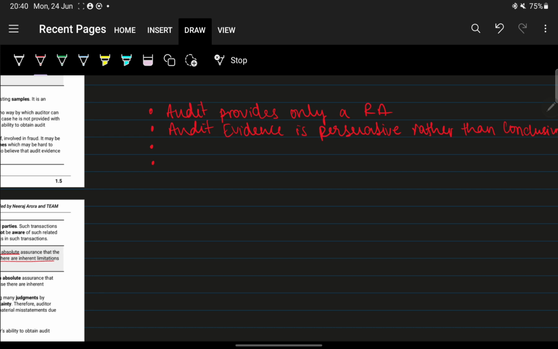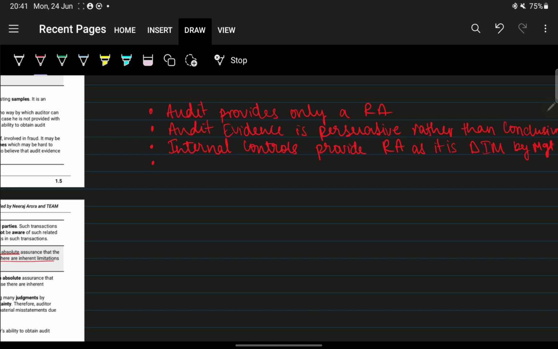And next, the internal controls of any company provide only a reasonable assurance, as they are designed, implemented and maintained by the management itself.